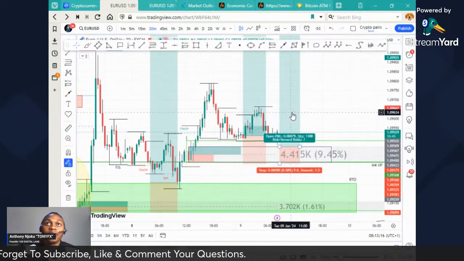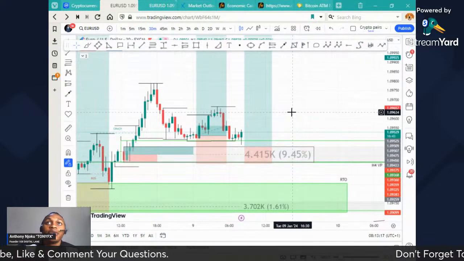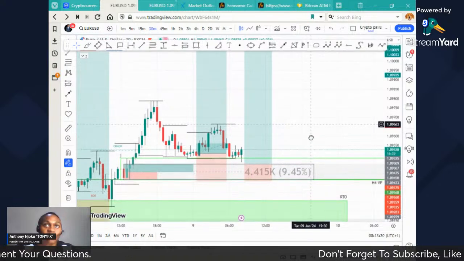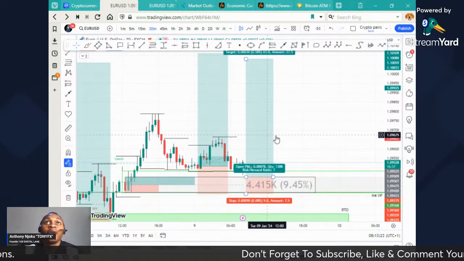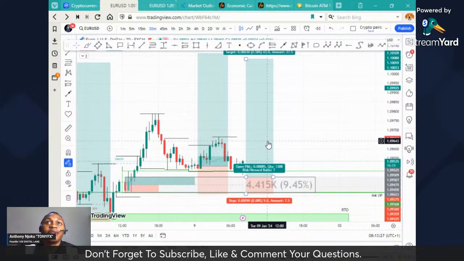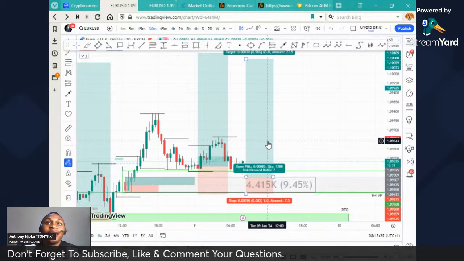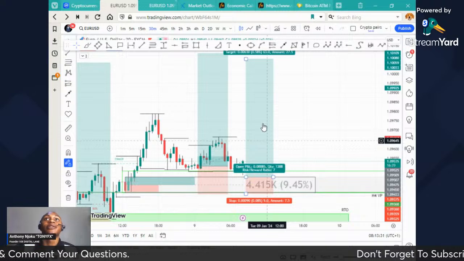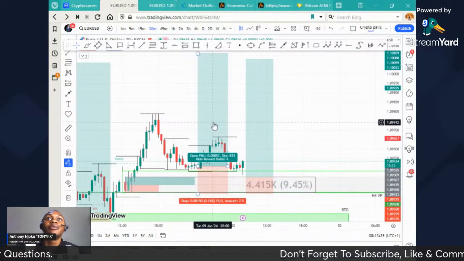Okay, so currently this is the 30 minutes order block, and we have a 9 pip stop loss and about 63 pip take profits.